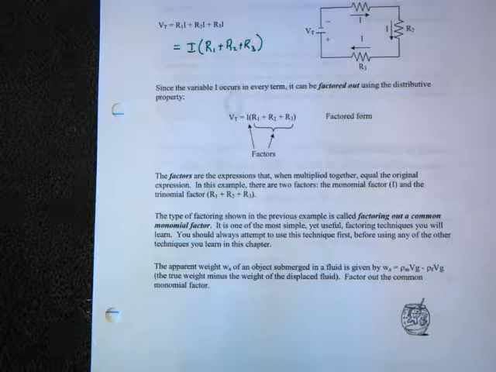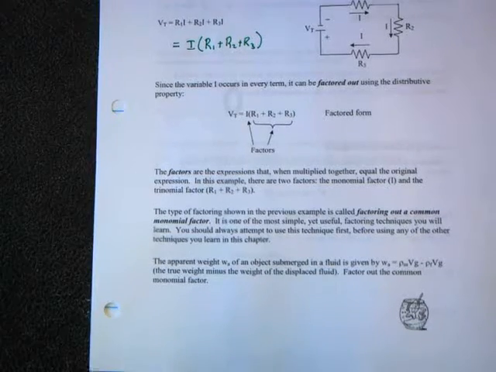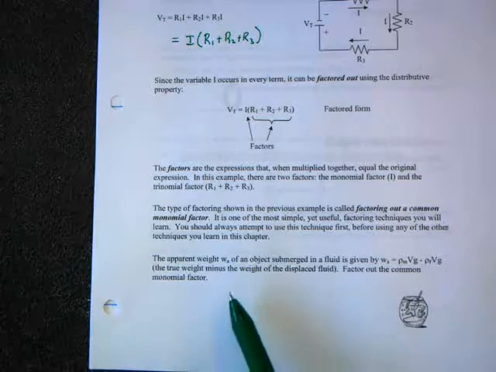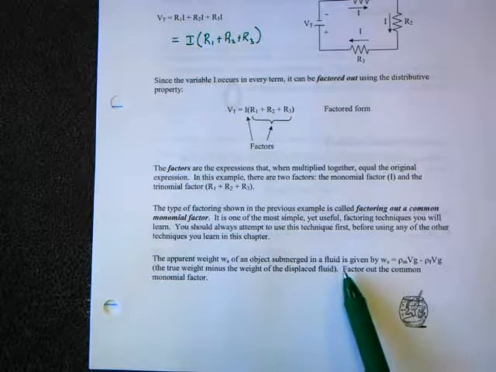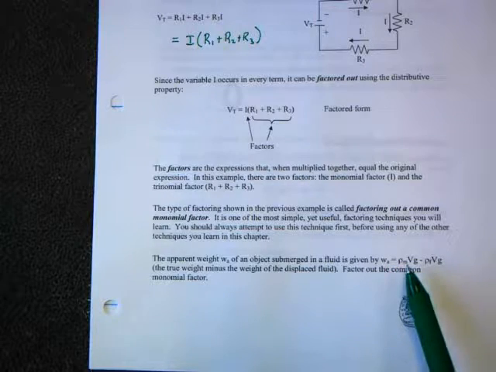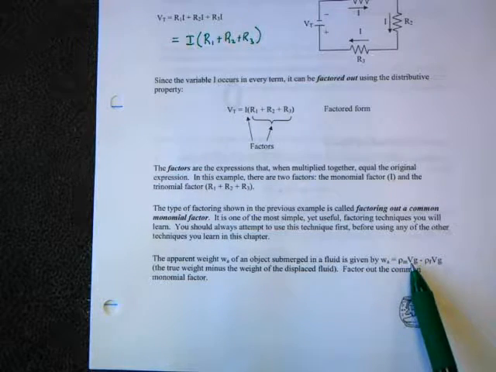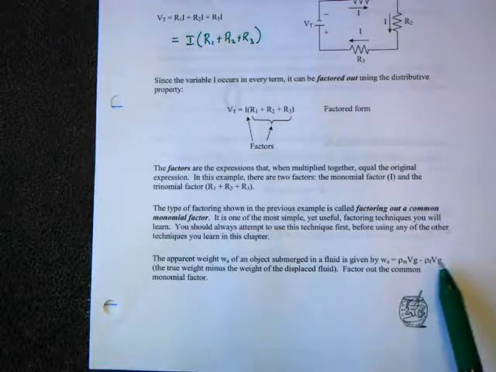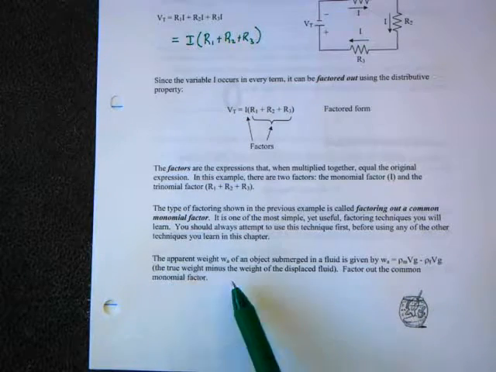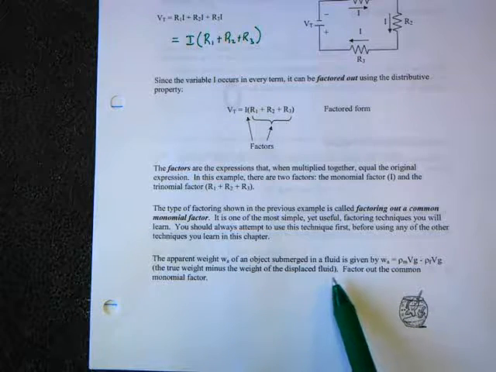All right, so skipping down here. The apparent weight, W sub A, of an object submerged in a fluid is given by W sub A equals P sub M times V sub G minus P sub R times V sub G. The true weight minus the weight of the displaced fluid.